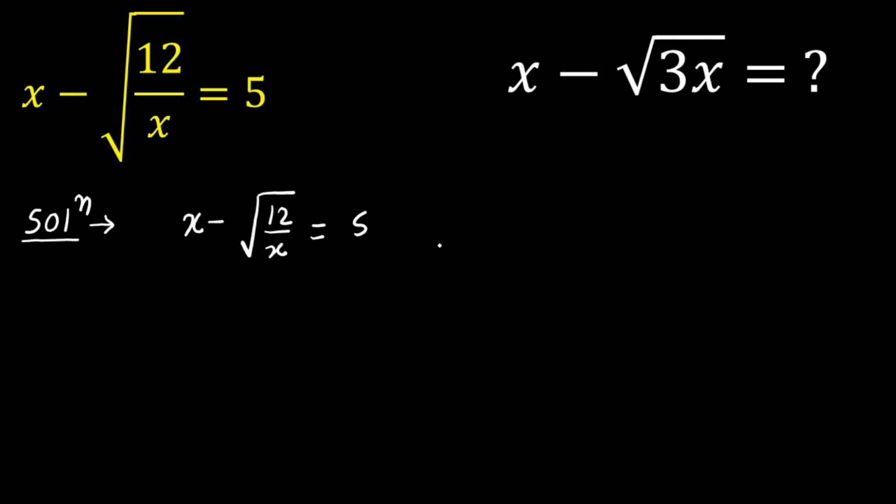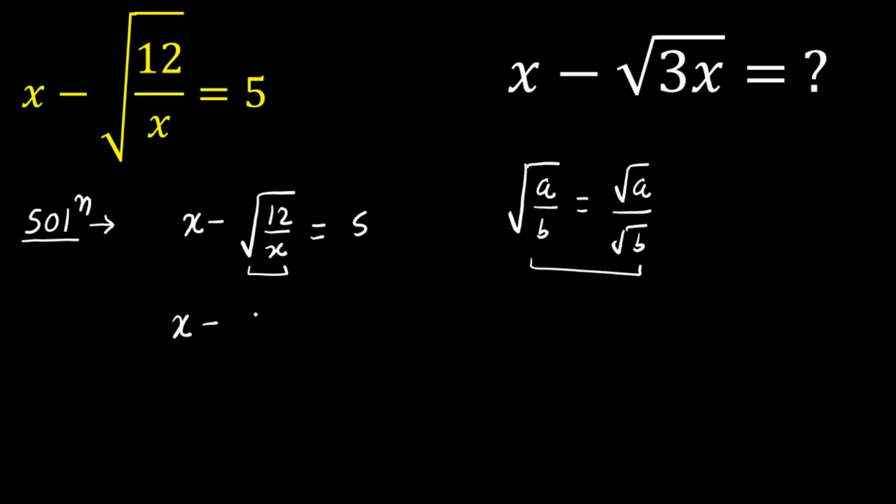Here in the left hand side, we will apply this rule, that is square root of a over b equals square root of a over square root of b. Then here x minus square root of 12 over square root of x, this is equals to 5.